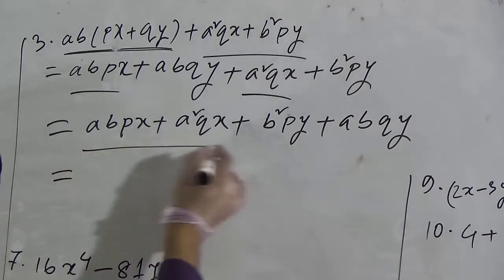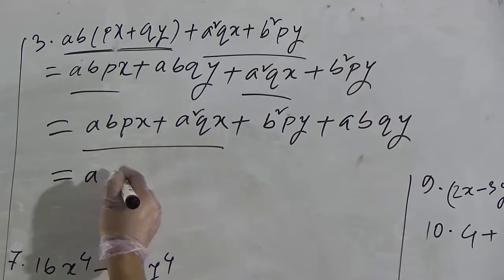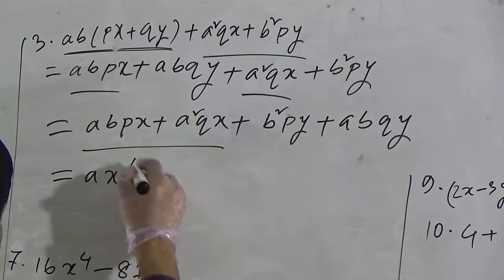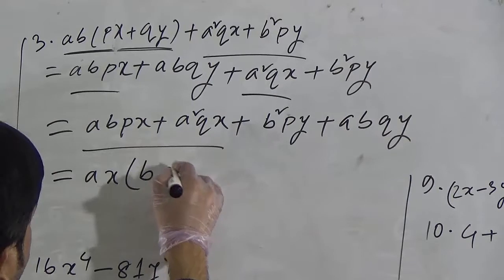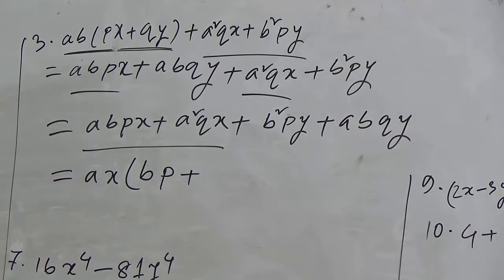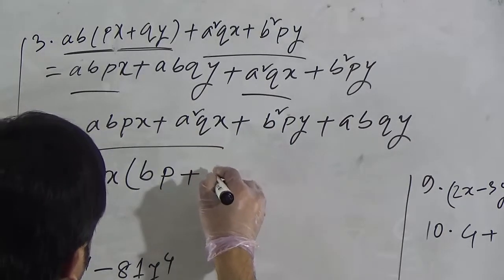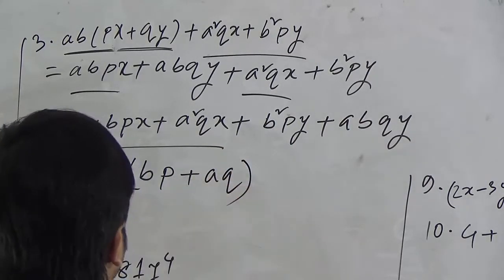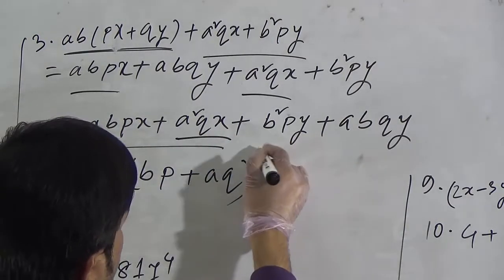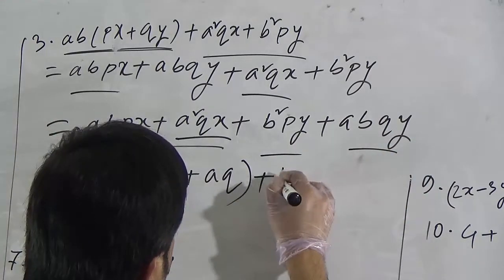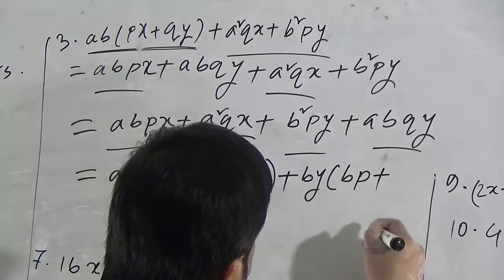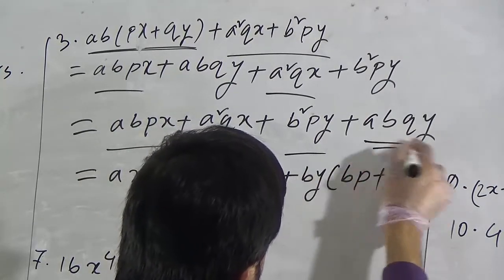Now take ax common from these 2 terms, bp remaining here plus aq remaining here in this term, plus if we take by common, bp remaining here and aq remaining here.